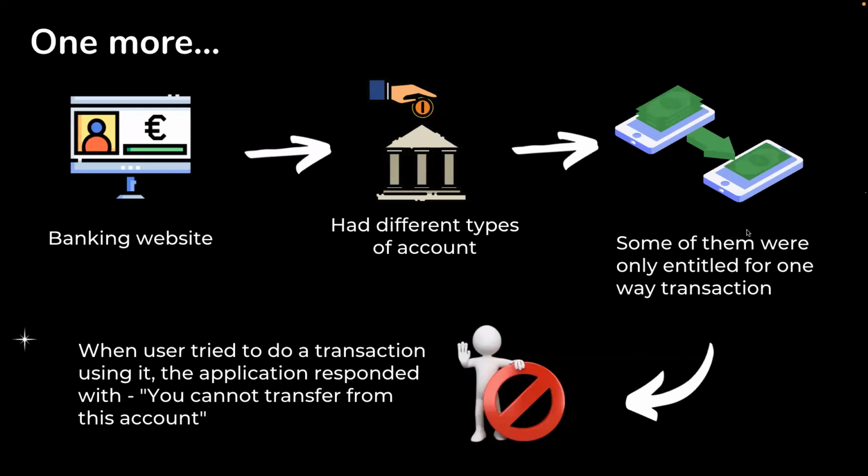So some of them, as I discussed, were only entitled for one-way transactions. When the user tried to do a transaction using that account, it says that you cannot transfer from this account. So I tried to withdraw money from the loan account, and it says, you cannot transfer from this account.